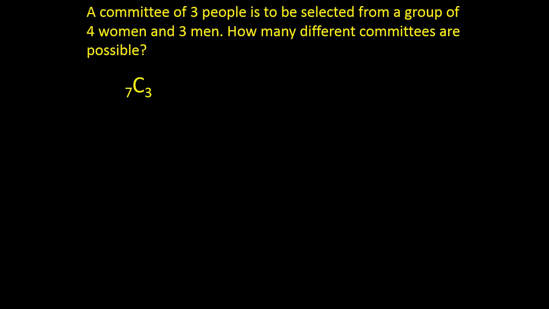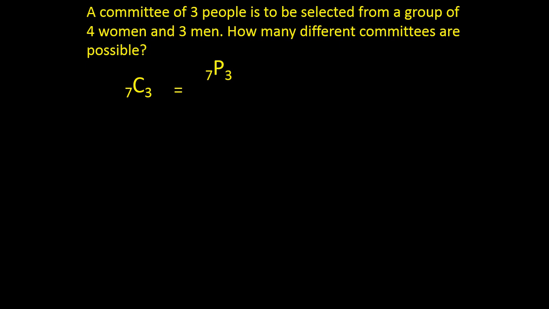And we have 7 people in all that we're trying to choose 3 people from for this committee. So we're looking for a combination of 7 choose 3. That's equal to a permutation of 7 choose 3.